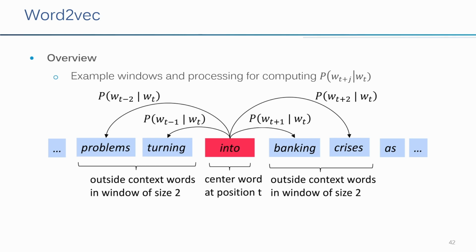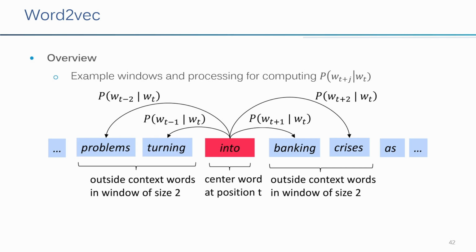There is another version of this, we'll talk about it later, but just jumping a little bit ahead, either you calculate the word in the context based on the center word, or you do the other way around. These are two different algorithms, and they have their advantages and disadvantages, but pretty much those two algorithms were proposed.